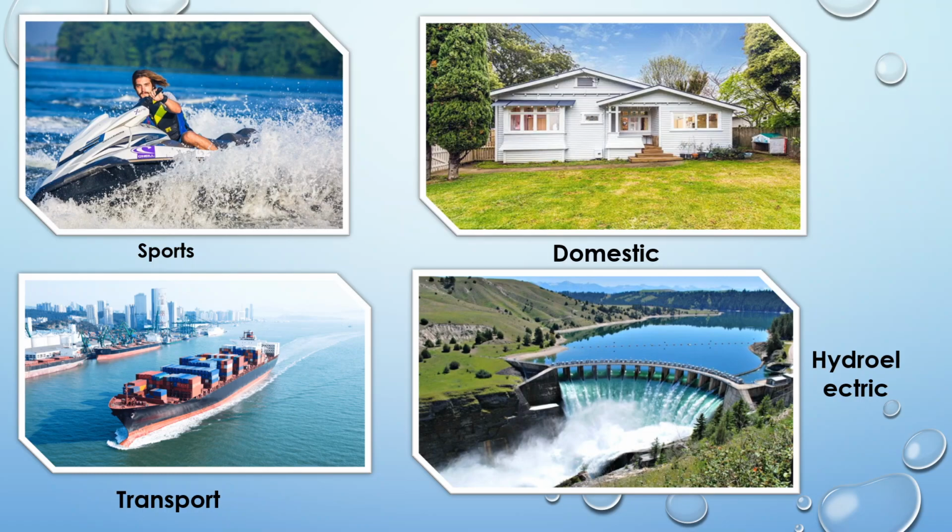Also, we use water in transport. We can transport products, resources, or even people. So we use water to move, we use boats, to move on the ocean, to travel, and to transport products. And another very important use is hydroelectric.